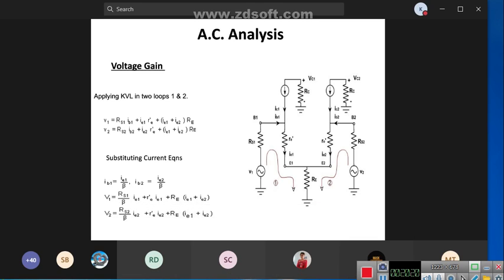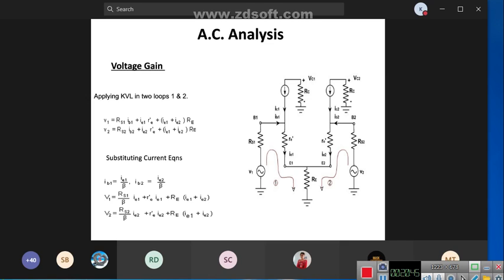If you apply KVL to the second loop, V2 equal to RS2 into IB2, plus this voltage drop, IE2 into RE dash, plus IE1 plus IE2 into RE.